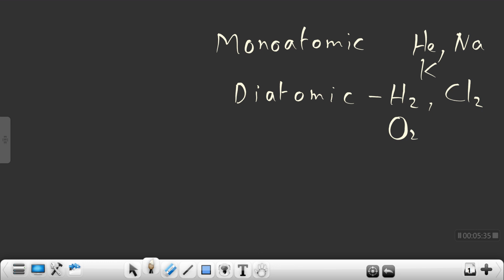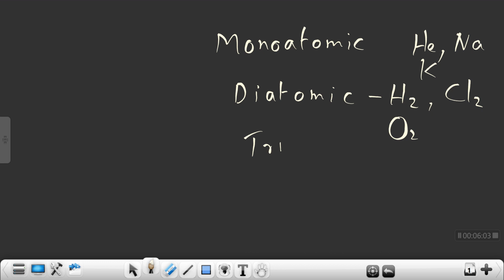And chlorine, its symbol is Cl, but its formula is Cl2. And oxygen, its symbol is O, but its formula is O2. And see, monoatomic, helium, its symbol and formula both He. And sodium, its symbol and formula of sodium is Na because it is monoatomic.